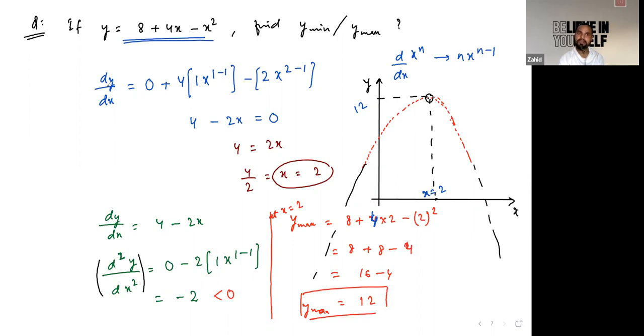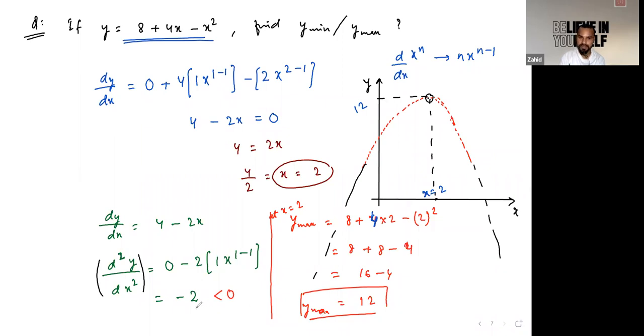So on differentiating the function one time and putting it to 0, you will get the value of x to be the point of minimum or point of maximum. To define whether it would be maximum or minimum, you have to differentiate the function once again. That is called the second derivative. The second derivative is just a check to define whether the function is going to be maximum or minimum.